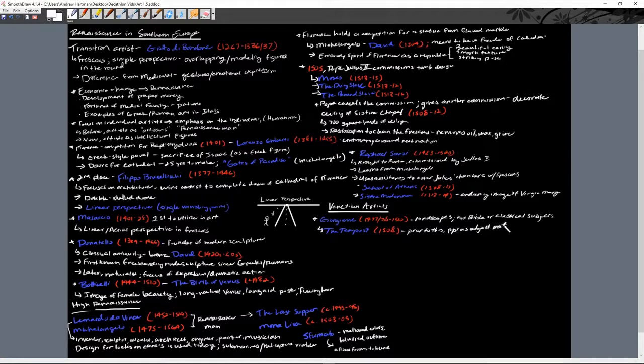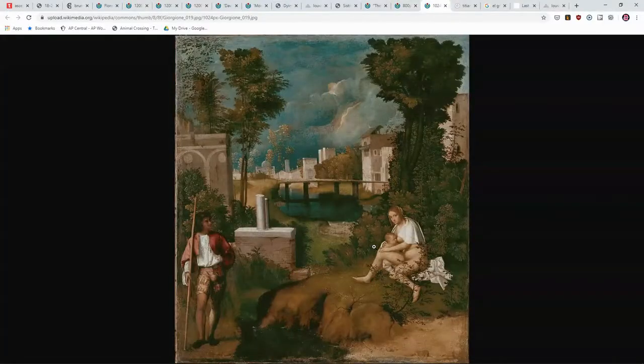In The Tempest, the landscape is actually the subject, and the people are kind of secondhand. They're almost like backdrops for the landscape itself, and create more character for the landscape, right?